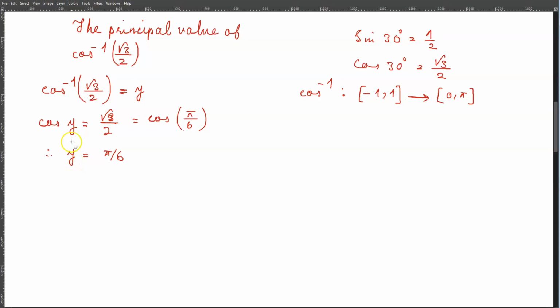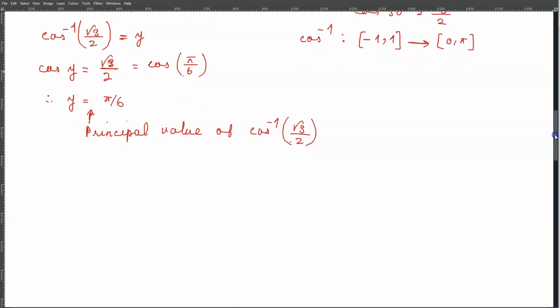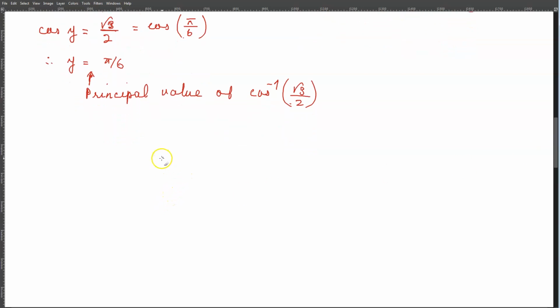That is the principal value of cos inverse of square root of 3 by 2. To write it a little bit more logically, I can say: let cos inverse of square root of 3 by 2 be equal to y.